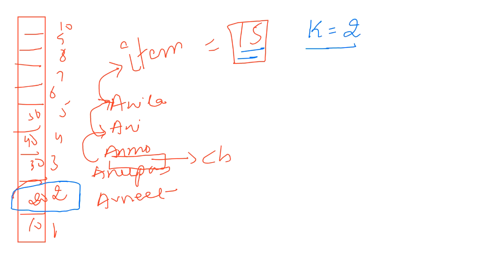So k indicates the position where the element is to be inserted, and item is the value that is to be inserted. There is the item variable that contains the value that is to be inserted, and there is another value called k, which is the index where the new element has to be inserted.